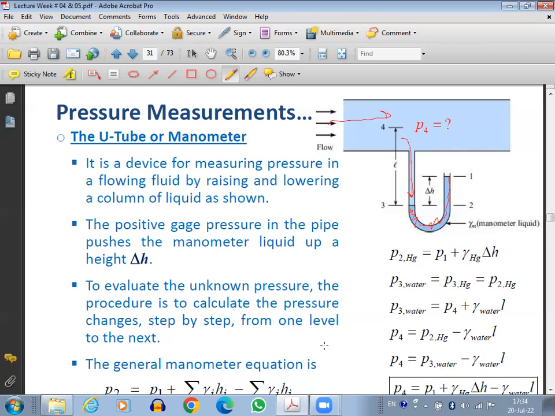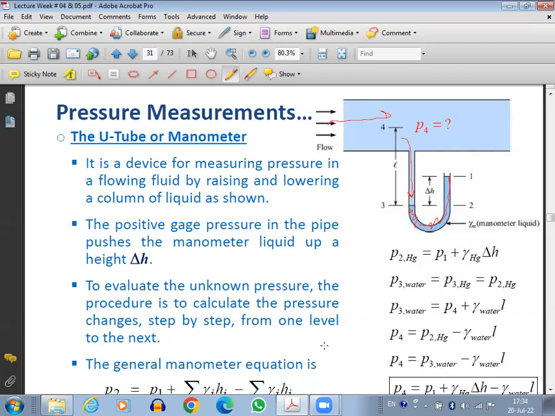So there were three disadvantages. What were the three disadvantages of piezometer? The first disadvantage, it can only be used for liquids, not gases. The second disadvantage, the pressure should be reasonable. For very high pressure fluids, it cannot be used because then the piezometer height should be very big, not feasible.